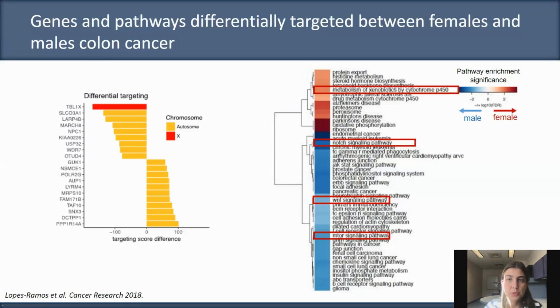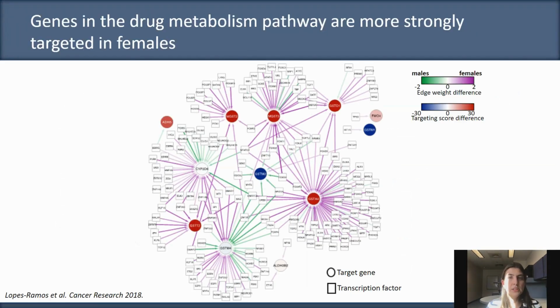When we look at the drug metabolism pathway, we saw that it was enriched for genes with higher targeting in females. Here's a representation of the drug metabolism genes shown as circles, and you can see that all these genes have higher targeting in females, shown by the purple edges. I also want to point to an interesting case, the CYP gene.